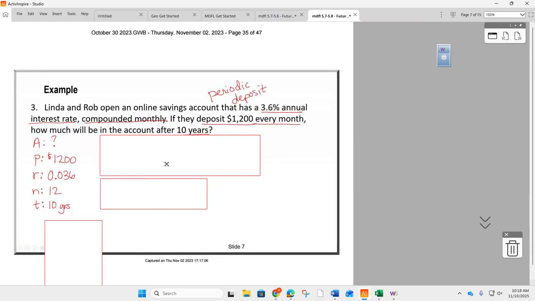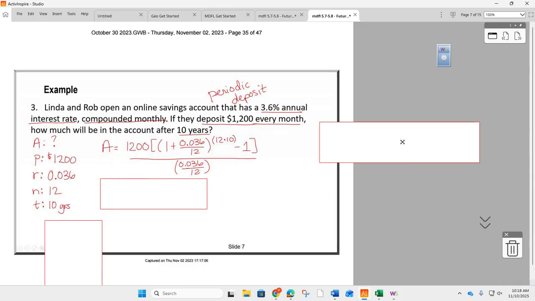The P, the rate, the N times the time minus 1. Remember, no brackets. They use brackets here, and that is a standard way to write this problem. Every other grouping symbol would be parentheses or a bracket, but Desmos does not recognize a bracket, so let's use 2 parentheses.